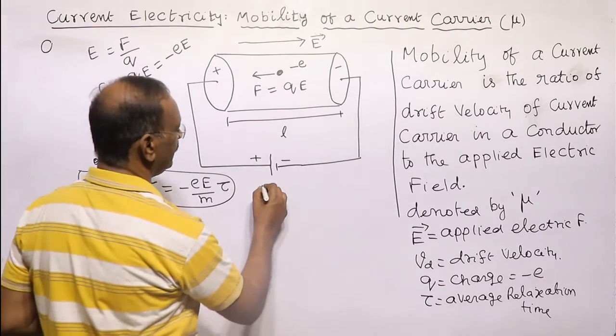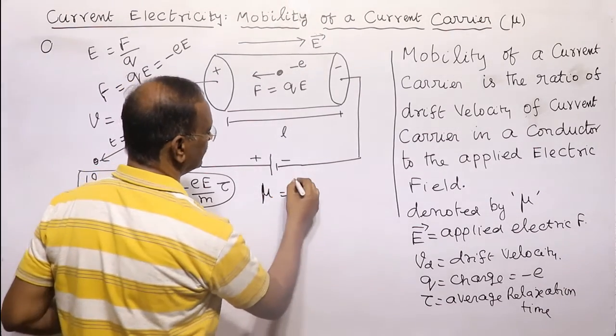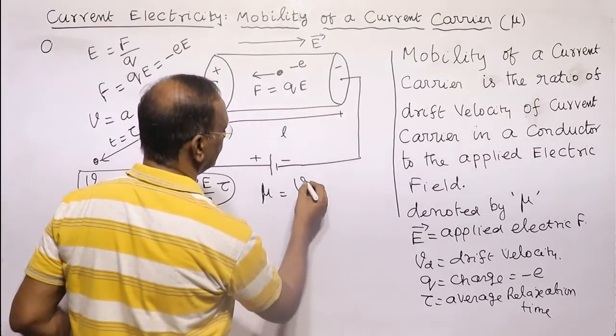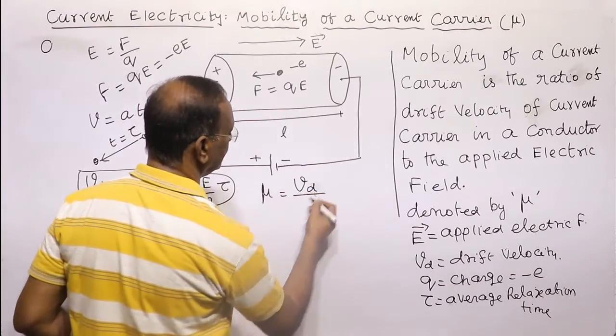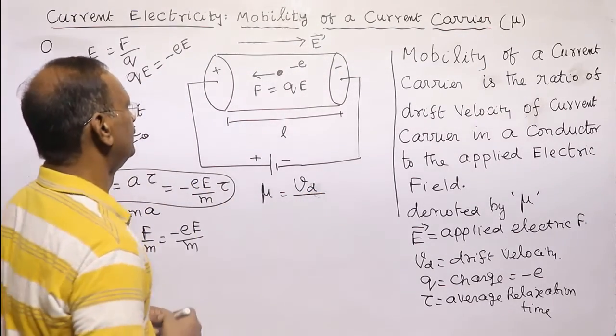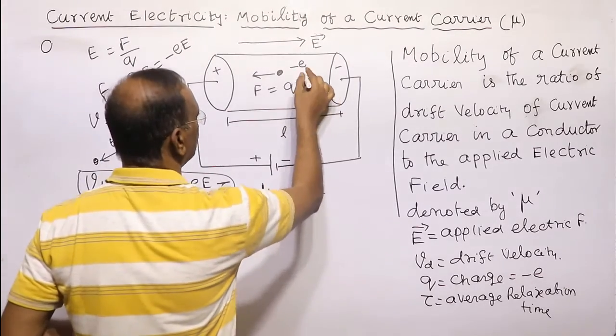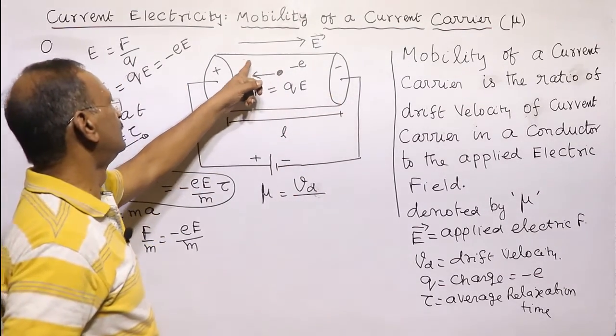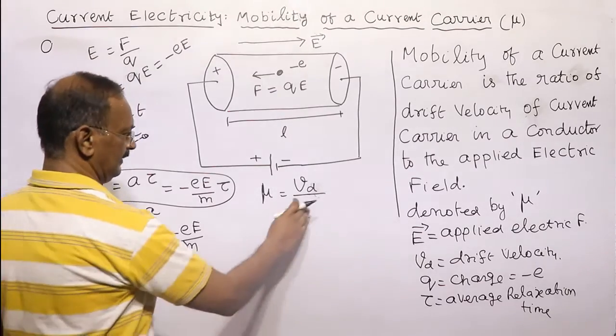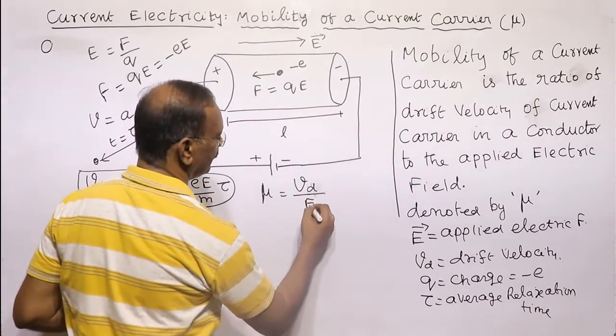Now, mobility is defined as the drift velocity of the electron, because the negative charge will be drifting towards the positive, divided by the applied electric field.